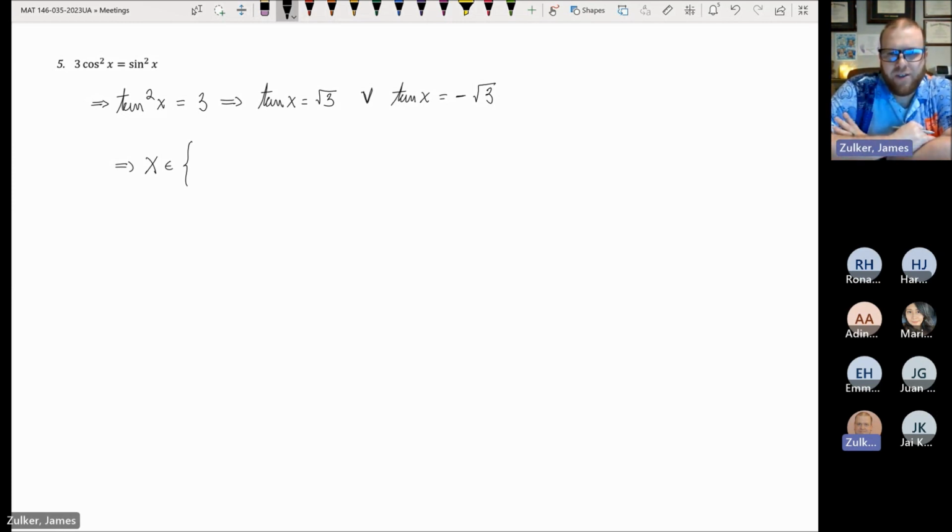So where does tangent equal root 3? And where else?